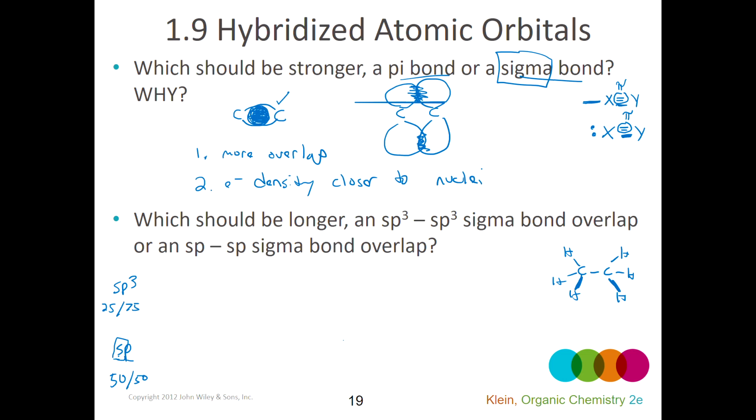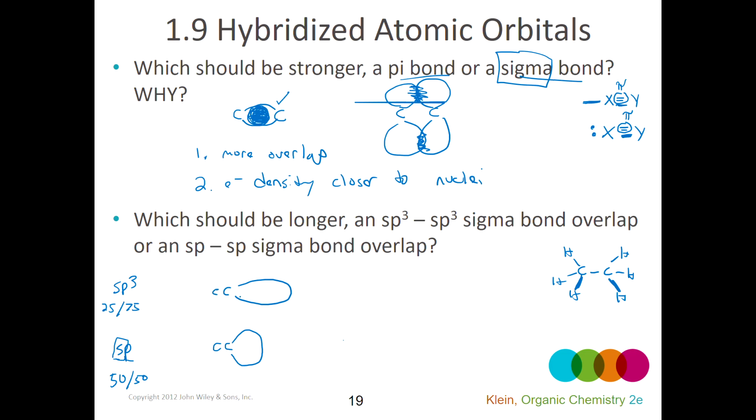And so if I'm mixing that in a 50-50 ratio, if I look at the shape and size of an sp orbital, it's more compact and more spherical because there's more s character. Versus an sp3, it's more elongated. This is a bit of an exaggeration, but I'm trying to make a specific point here. It's more elongated, so the electron density is not as close to the nucleus.